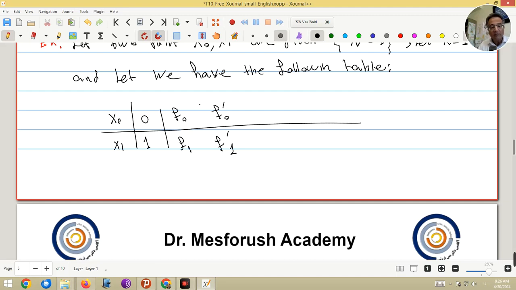So we know that f0 is f of 0, f prime 0 is f prime of 0, f1 is f of 1, and f prime 1 is f prime of 1.